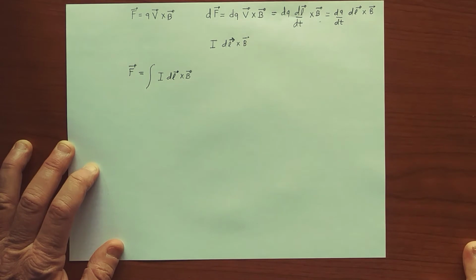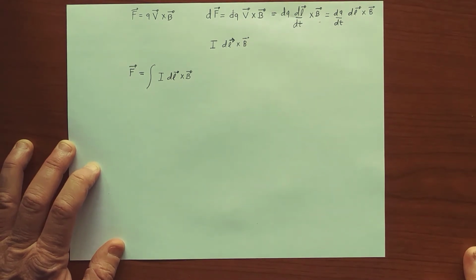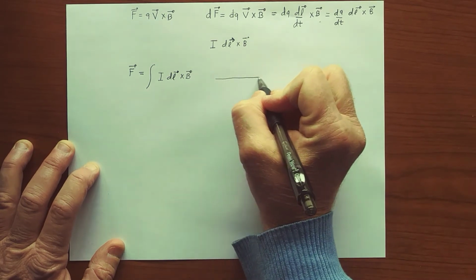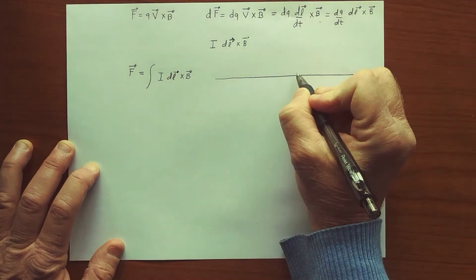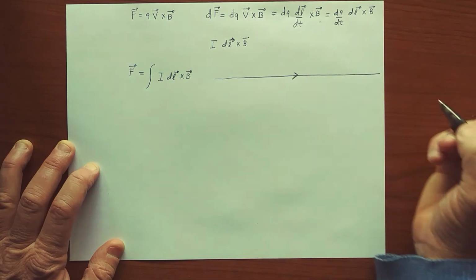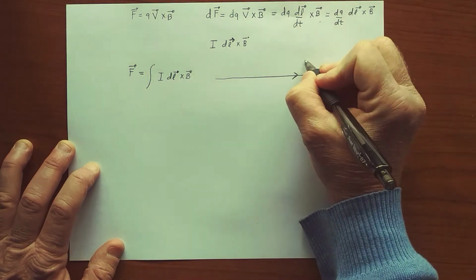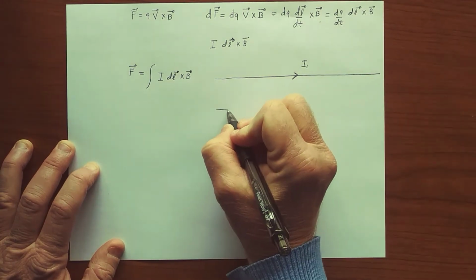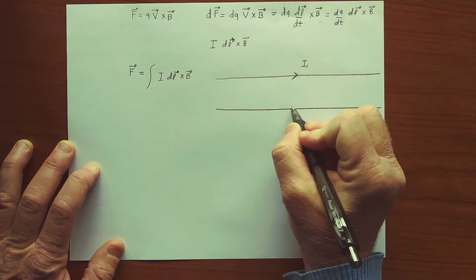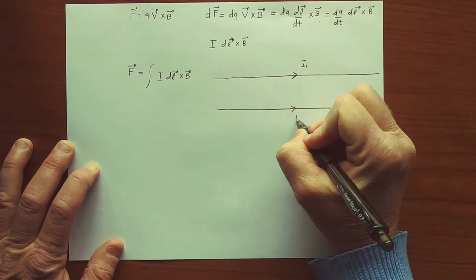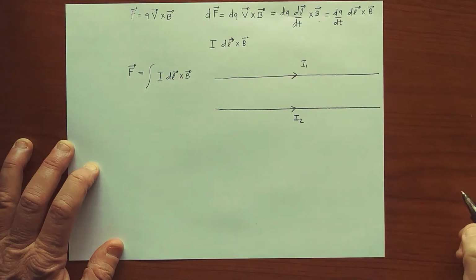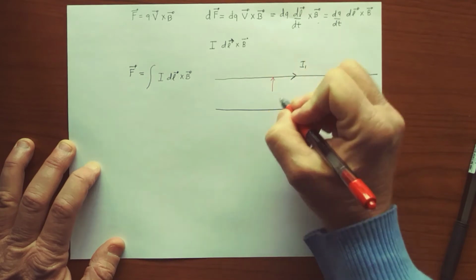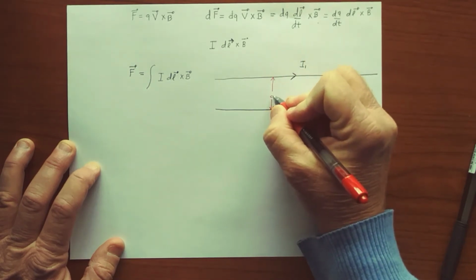Okay, so we want to explore that idea. Let's imagine that we have two infinitely long current-carrying wires. There is a wire that carries current I1, and there's a wire below it that's also infinitely long that carries current I2, and they're both in the same direction, and maybe they are a distance d apart.